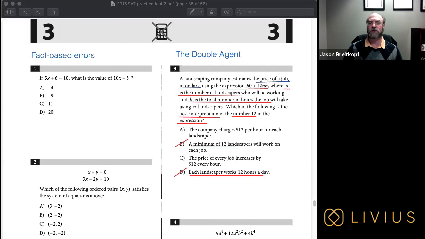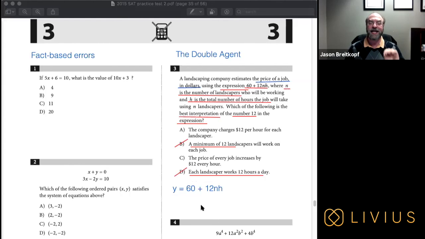Now, if you were to actually write this like algebra, it would probably look something like this. In order to turn an expression into an equation that you can solve and answer, you need to have an equal sign and something on the other side of the equal sign. That's basic rules of math. But they didn't put that in the question. But they did tell us about it.